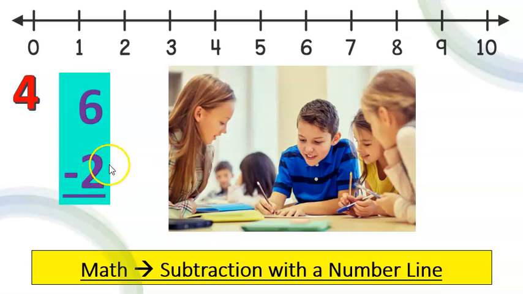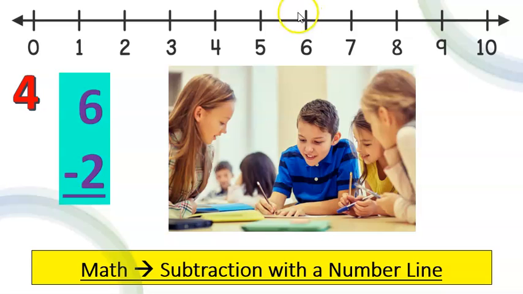Now, let's come up here and look at this first number. This says 6. So the first thing you're going to do is find 6, which is here. You're going to put your finger here and count backwards this way to get to your answer.